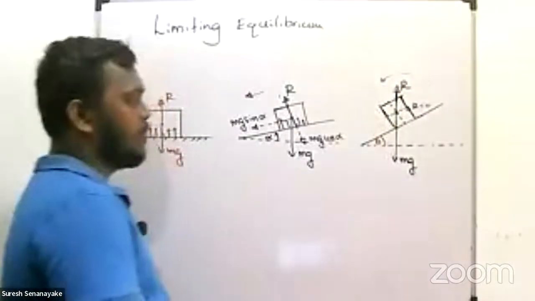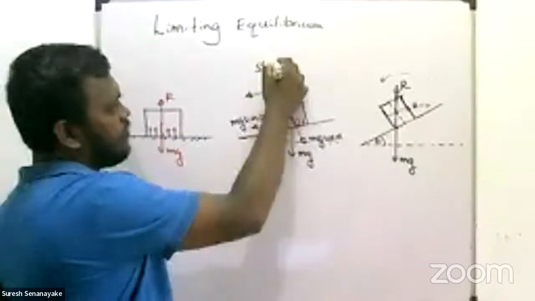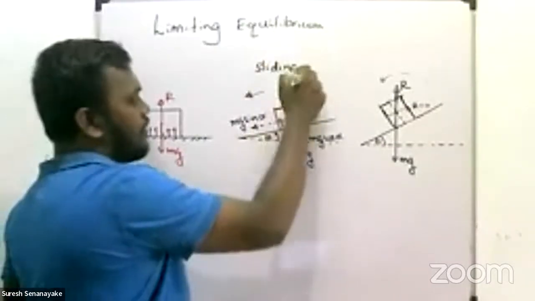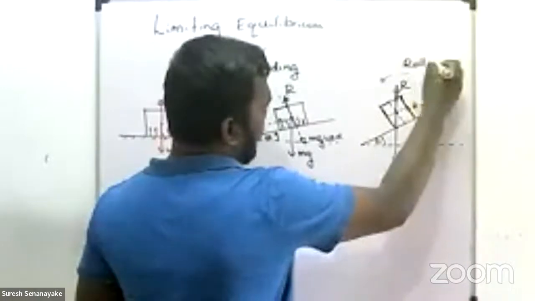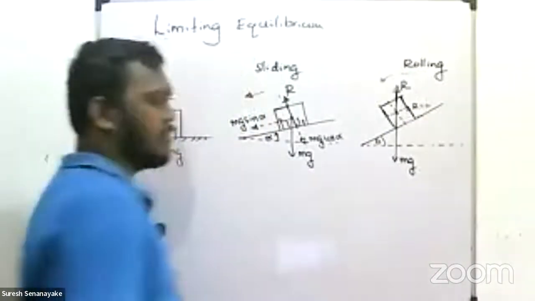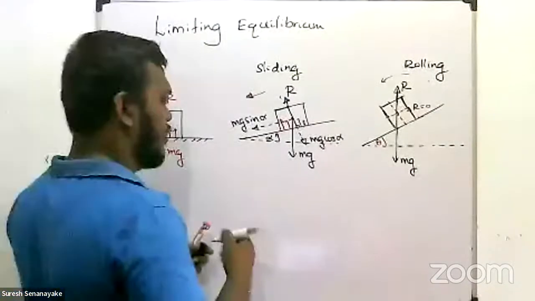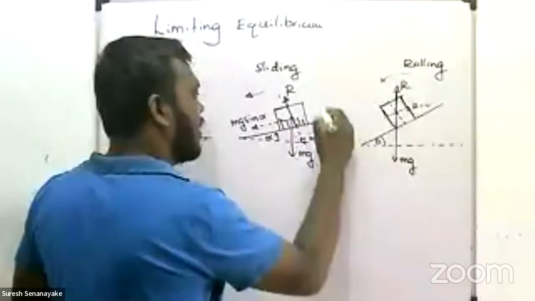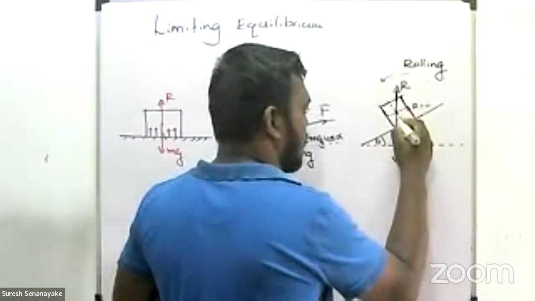It will roll rather than slide. This is the condition for rolling, so here the friction is applied. In this case, this is also theta.